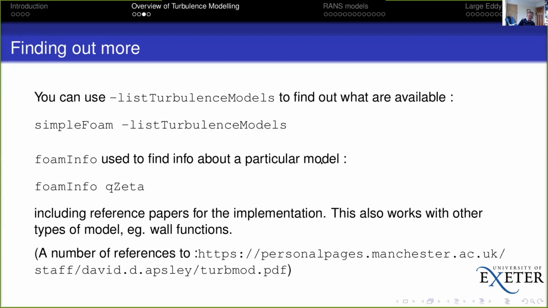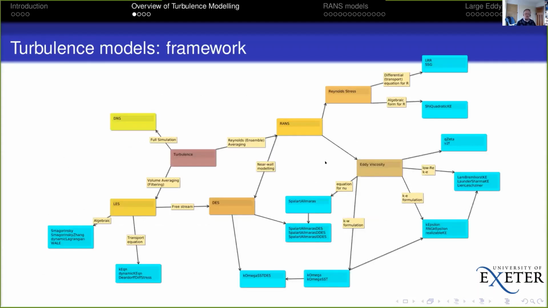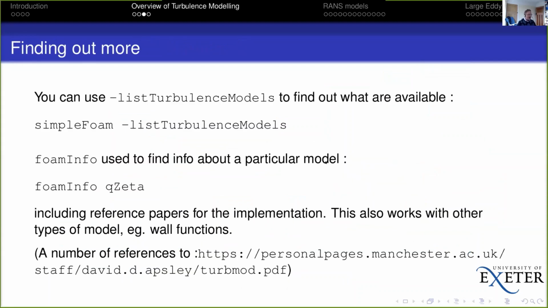Now, this slide is one of the more important ones, finding out more. And this is basically what I did to construct my turbulence models framework, mind map here. I went through and dug through the code. Now, you get the code in the distribution, so you can go in there and list the files and open the files and look at them.